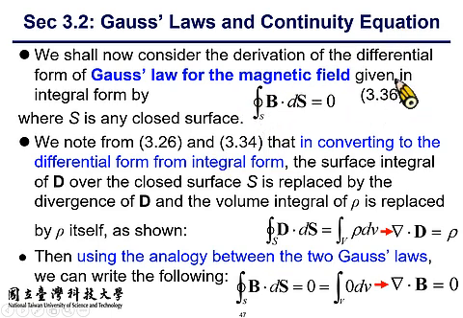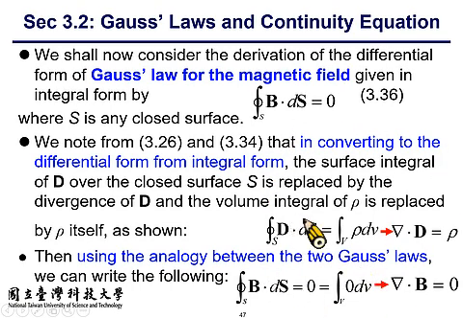As you can see, this is Gauss's law for the magnetic field in the integral form. To simplify the process, we can check the analogy with Gauss's law for the electric field in integral and differential form and write the associated differential form for Gauss's law for the magnetic field.